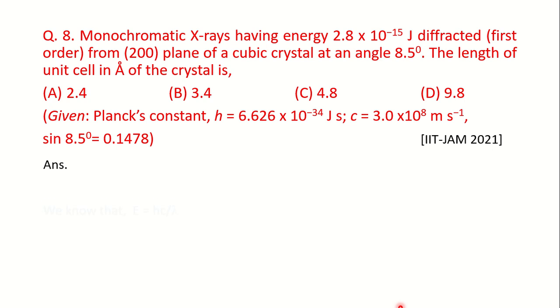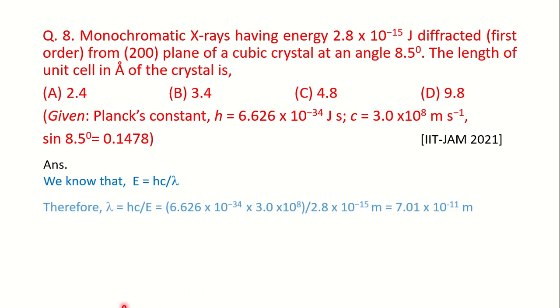So let's find out the answer. First of all, we have to use the Planck's equation, where energy E equals h nu, where E is energy, h is Planck's constant, and nu is frequency of light. Now nu can be replaced by c by lambda, where c is velocity of light and lambda is the wavelength of that light. Here light means X-ray. From here you can find out the value of lambda.